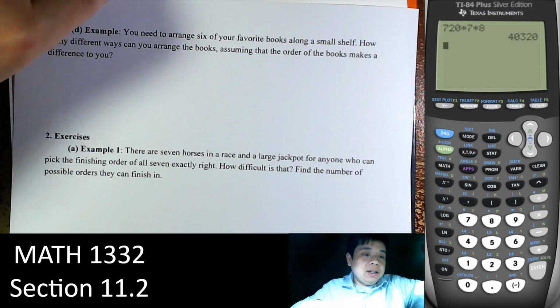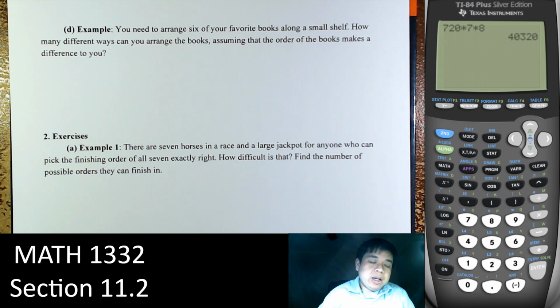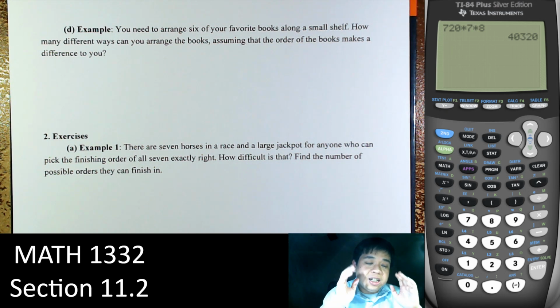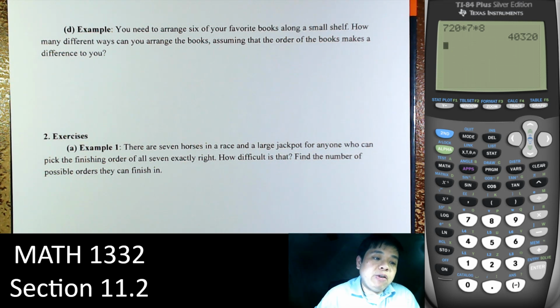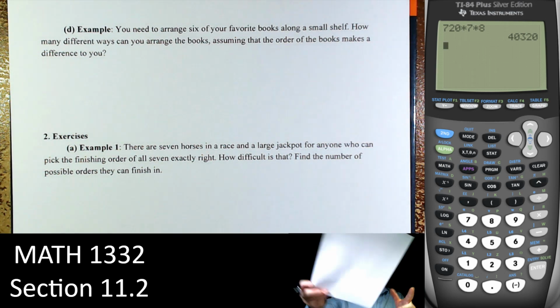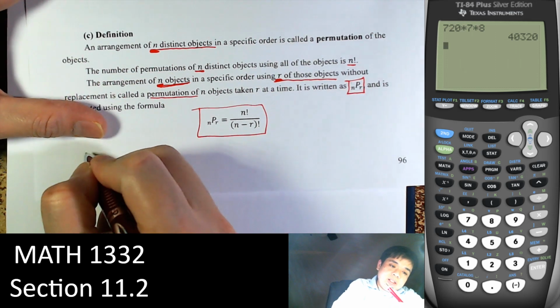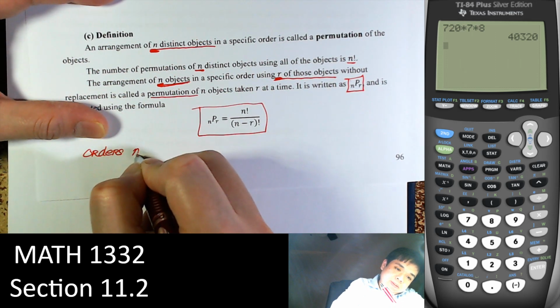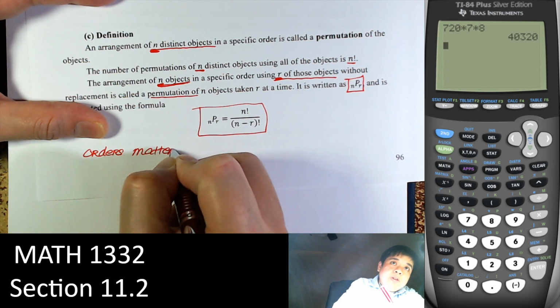Here is an example. You need to arrange 6 of your favorite books along a small shelf. You can put the first book and then the second book, and then you can scramble them. Each time you scramble, you have a different arrangement. How many different ways can you arrange the books? Assume the order of the books makes a difference. So the most important thing in a permutation is that order does matter.